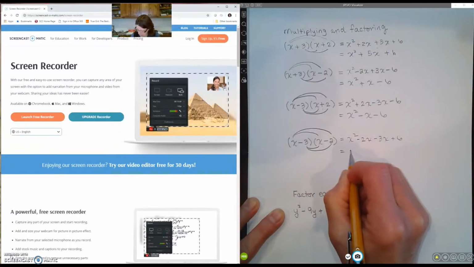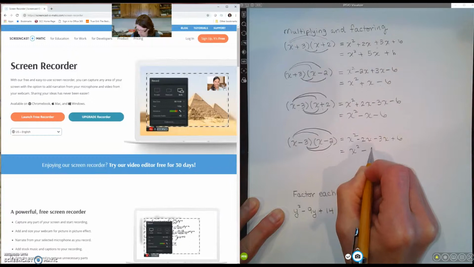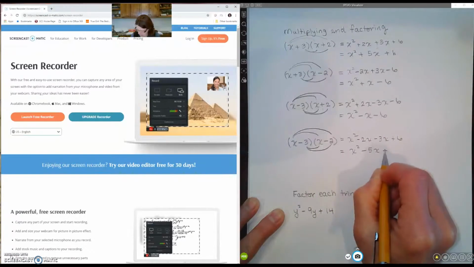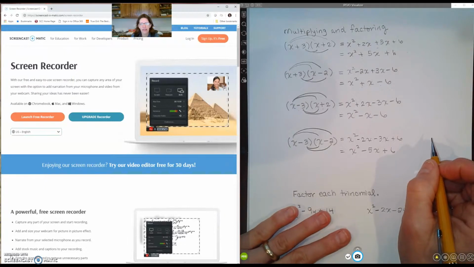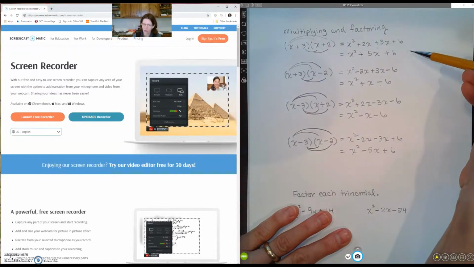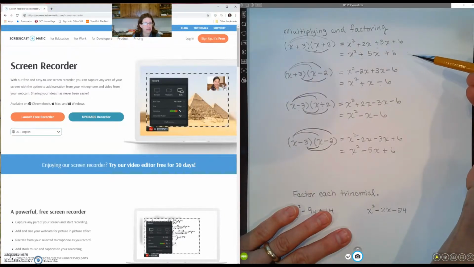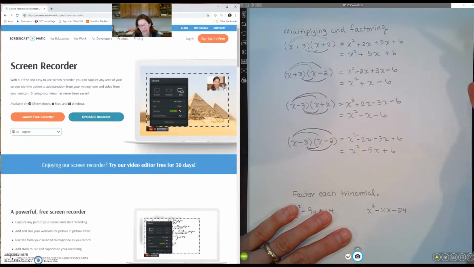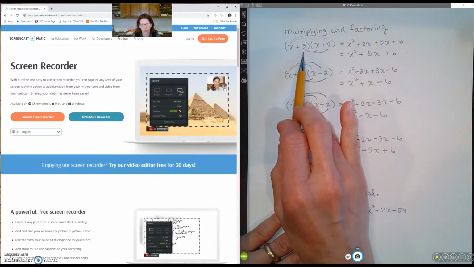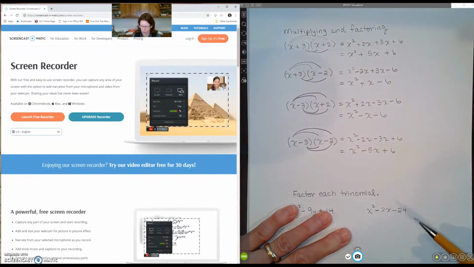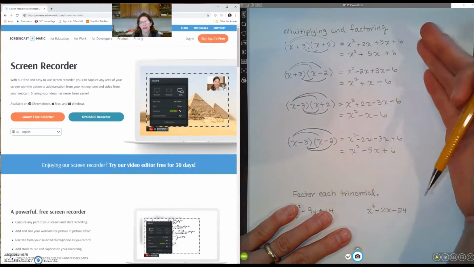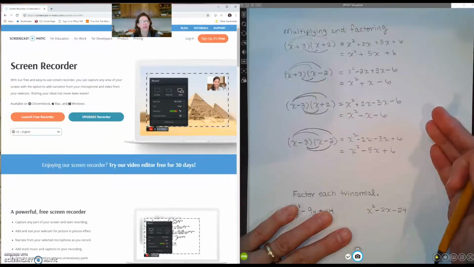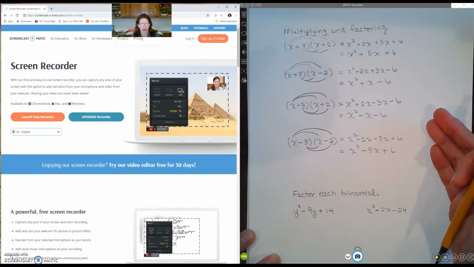Combining like terms, x squared minus 5x plus 6. So here we've got examples of all of our possible combinations of using plus and minus symbols with the same terms, x with a 3 and x with a 2. This is really good to see and be aware of as we begin to factor some trinomials.